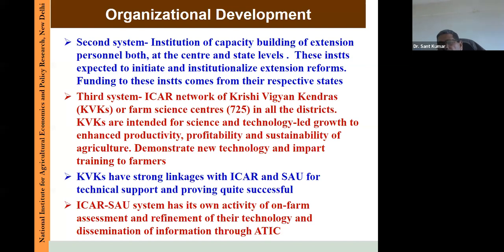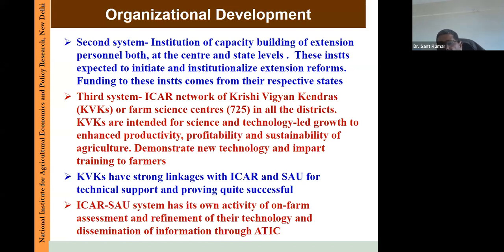They basically demonstrate the new technology and impart training to the farmers. They have a strong linkage with the ICR and SAUs for technical support, and they have proved that they are quite successful, with some limitations.